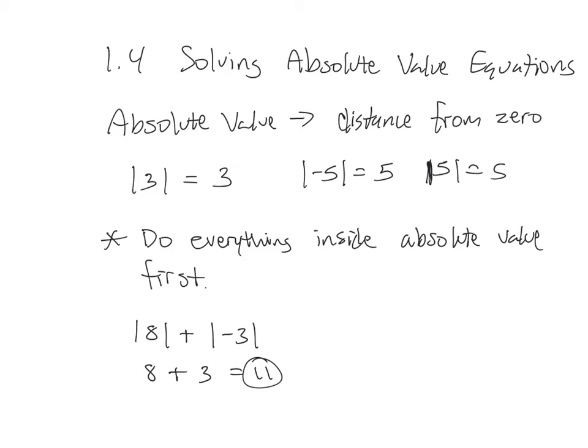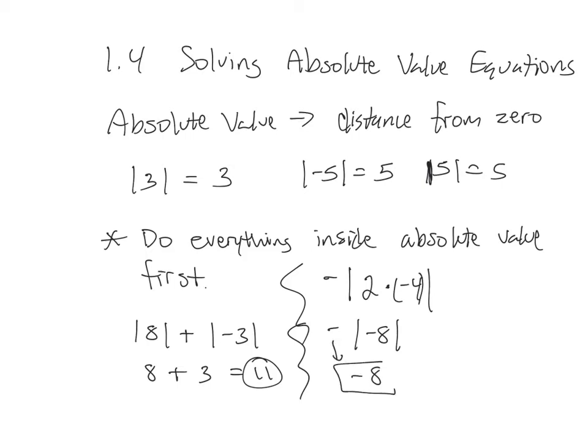You could have, like, negative absolute value 2 times -4. So you do 2 times -4, which is -8. The absolute value of -8 is 8, and then this negative still comes down, and the overall answer would be -8.